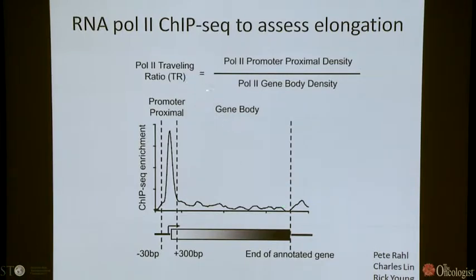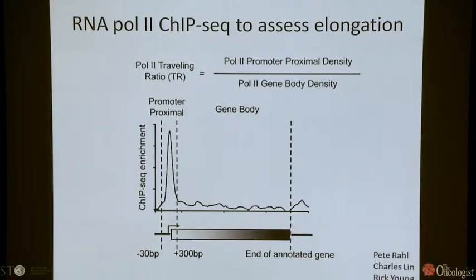This gives us a very convenient numeric measure of elongation called the traveling ratio. For genes that have lots of POL2 in the promoter but almost none in the body, the traveling ratio will be very high. As POL2 leaves the promoter region and moves into the body, this ratio will go down. So the traveling ratio essentially acts as a readout of transcriptional elongation genome-wide.